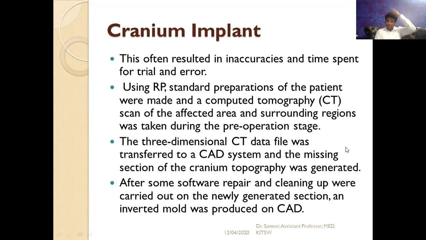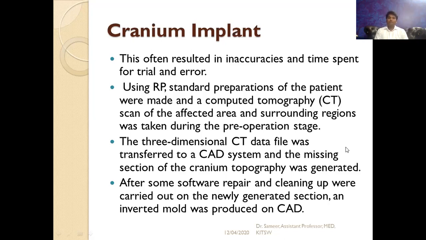From the CT images of the affected area and surrounding regions taken in the pre-operation stage, the three-dimensional CT data file was transferred to the CAD system, and the missing section of the cranium topography was generated in the CAD model.